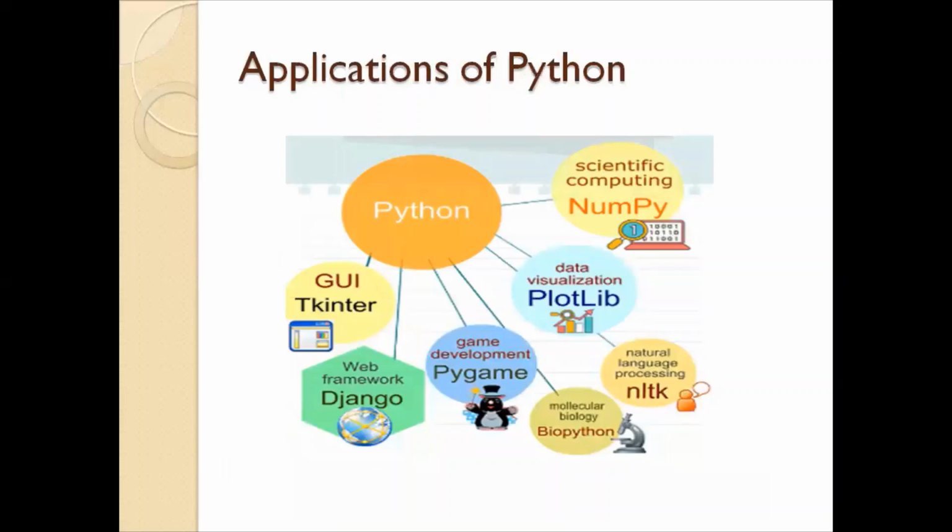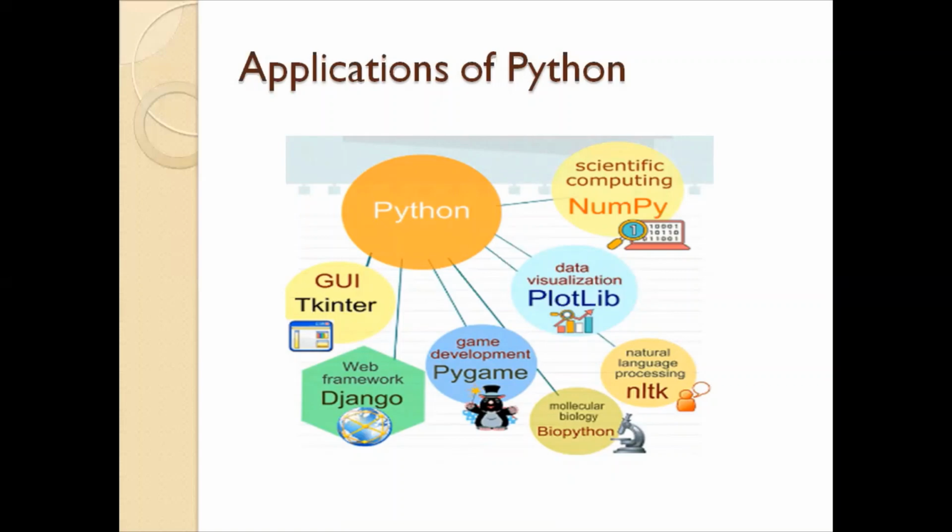These are some applications of Python, and these are all libraries. Tkinter is a GUI library; to create graphical user interface applications, we can use tkinter. Django is a web application framework, so web applications can also be developed. Pygame is for game development.